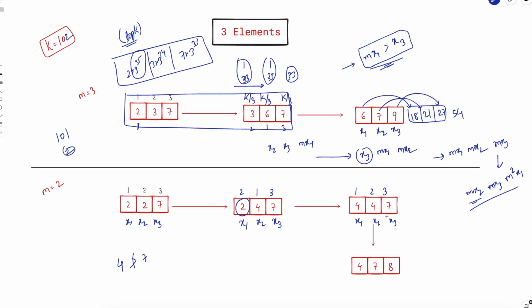So x3 is still the same, right? Now what you have done is x1 has again either increased or remained same. So in this scenario, x1 has increased. Now if you do 4 into m, this would become 8, and 8 is indeed greater than 7. This inequality is satisfied, which basically means that after this state, everything will repeat.